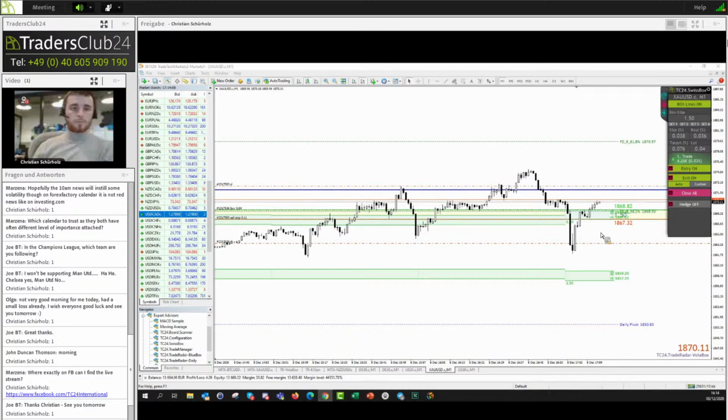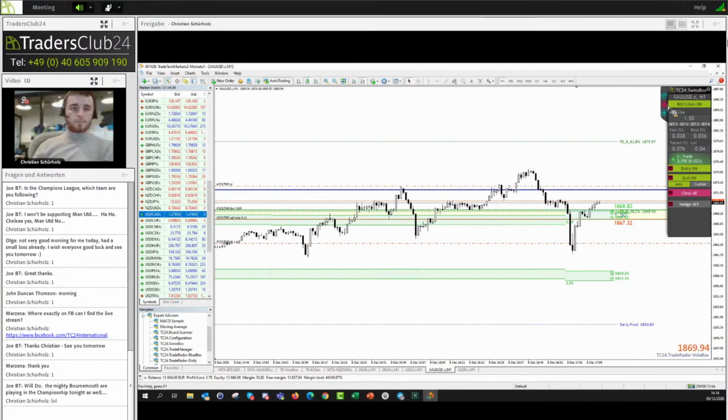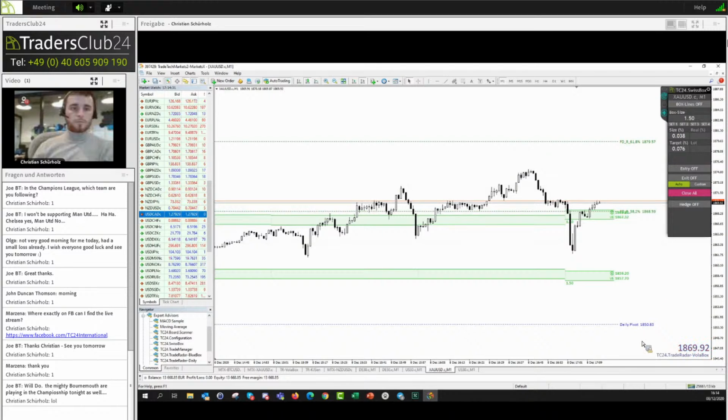It seems like we might get the last push now, but we're also at a bit of a line here. As you can see through the chart, got the line equilibrium area here. So it might just make sense to close it now.